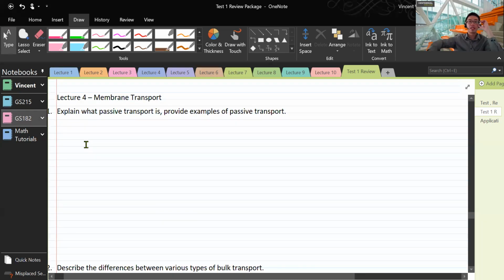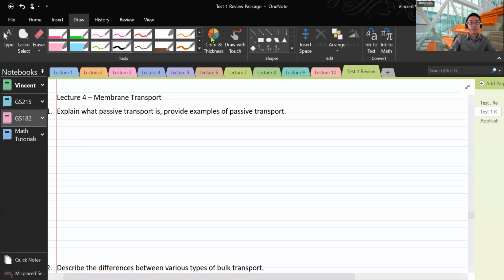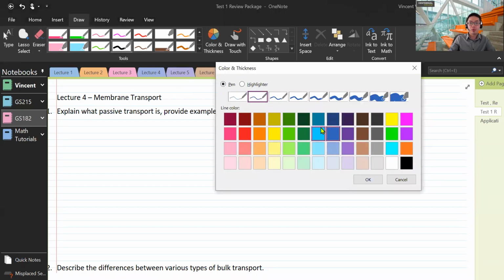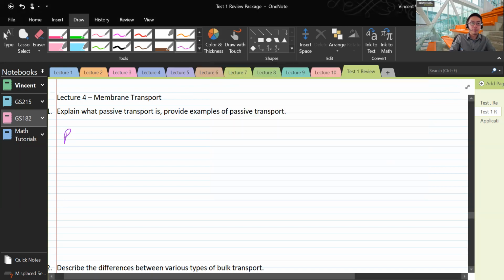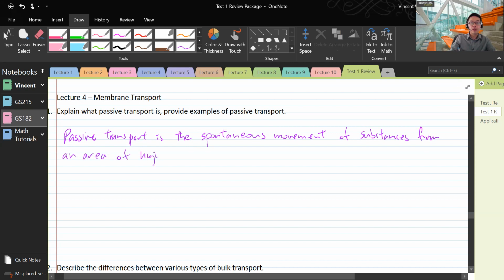Explain what passive transport is. Provide examples of passive transport. Okay, so in its simplest sense, passive transport is the spontaneous, I mean, it happens on its own, spontaneous movement of substances from an area of high concentration to an area of low concentration.